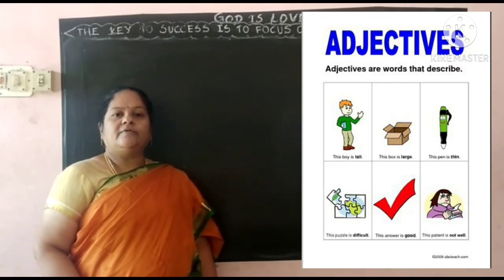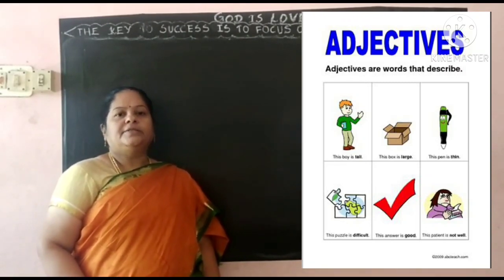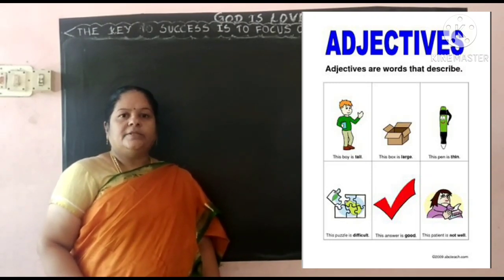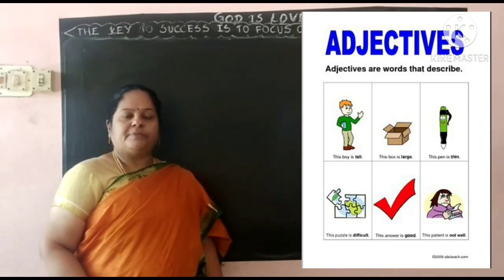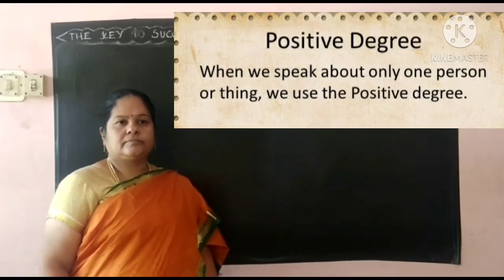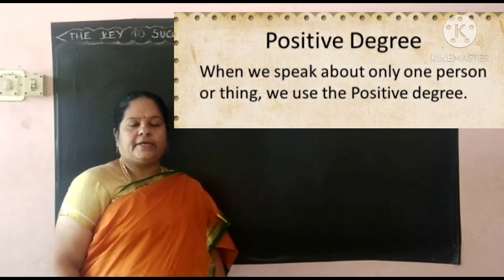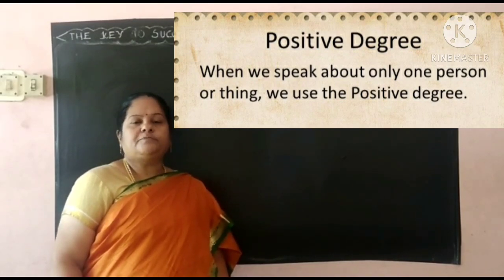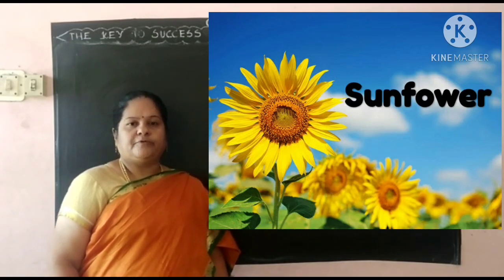Once again, adjectives are words that describe: this boy is tall, this box is large, this pen is thin, this puzzle is difficult, this answer is good, this patient is not well. When we speak about only one person, thing or place, we use the positive degree. For example, the sunflower is beautiful.